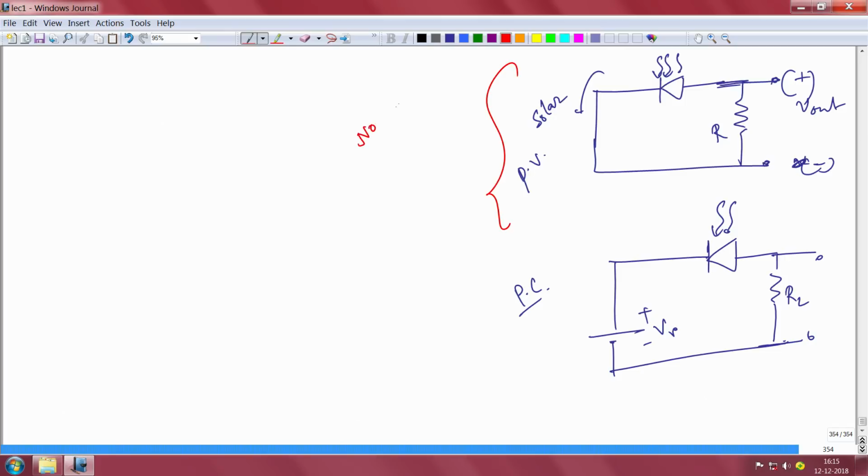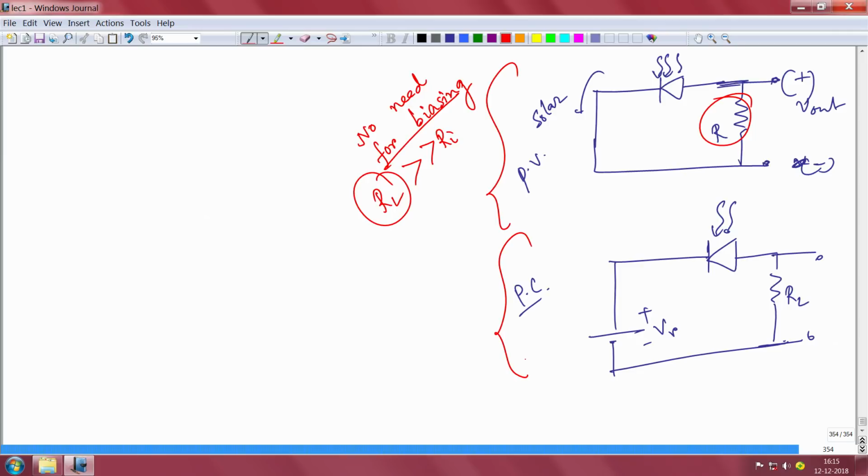No need for biasing yourself, it will forward bias itself based on the load resistance. And the load resistance that you are using here is much larger than the intrinsic resistance of the device, because you want to deliver power here. On the other hand, in a photodetector mode, your load resistance is much smaller, because you do not want to unnecessarily drop power there. Your internal resistance, Ri, the internal resistance of the device, is actually larger.